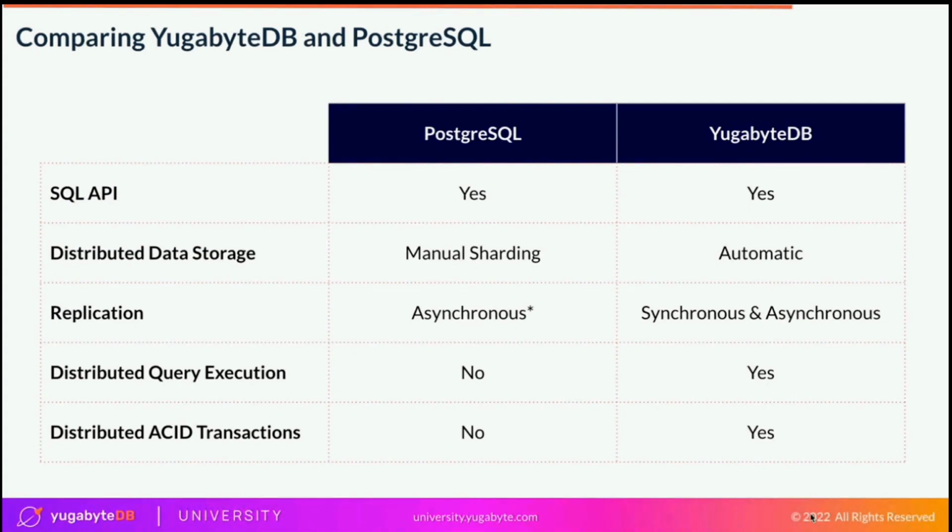But with YugabyteDB, things like distributed data storage, replication, distributed query execution, and distributed ACID transactions are all built in. You don't have to think about it. All you have to think about is, oh, just point my app to this, and essentially the app's going to run thinking that this is PostgreSQL. Now, there certainly is an asterisk next to that, and we'll talk about that in today's course. There's a lot of language features that we don't support, and then things that are customized. So I would say generally highly compatible is the term I would use.